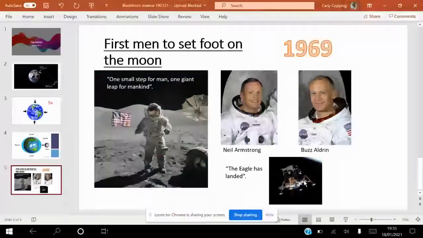And if you wanted to, there's loads and loads of footage on YouTube. It's quite grainy because in 1969 the camera science wasn't what it is today, but it's a really thrilling thing to watch the first time man steps on the moon. And as you can see in this picture here, you can see the tracks and some of the footprints.